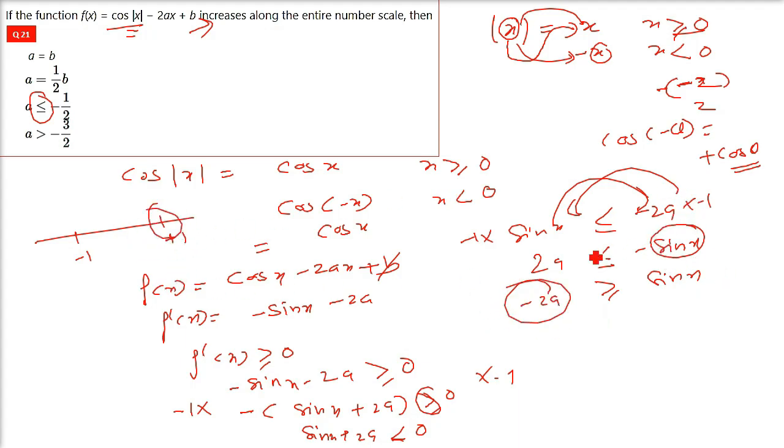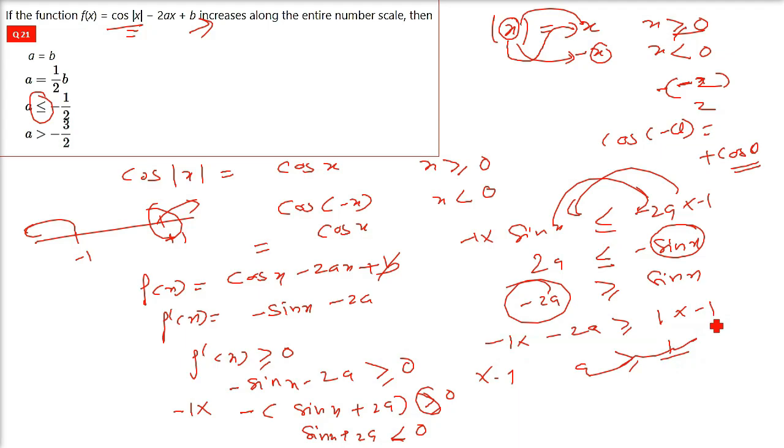If I am lower, I am lower than minus 1. That is the whole limit of sin x. So minus 2a is greater than or equal to 1, because the highest value of sin x is 1. When you make a relationship here, again you can multiply by negative, which I generally do. Again multiplying by minus, you will get a less than or equal to negative half.